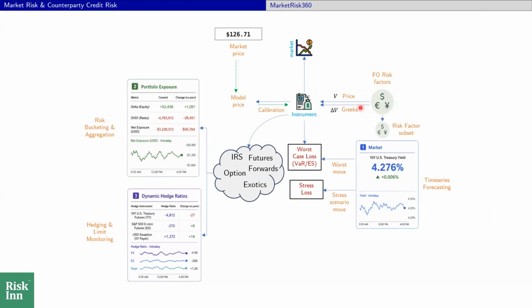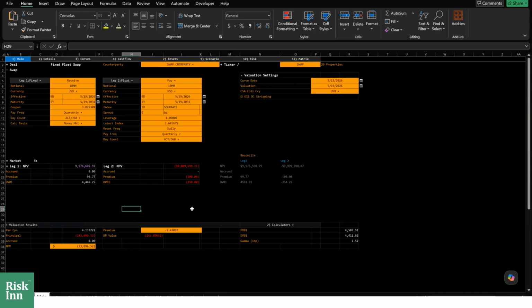First, you need to learn how to price an instrument. Closely associated with the price, we have Greeks or sensitivities. This is the first thing that you need to learn because it is at the heart of the entire picture, right? Without this, it will be difficult. So, we are starting with this.